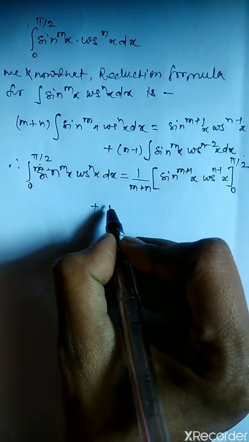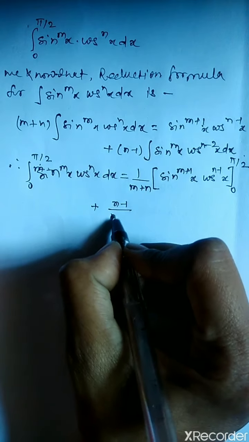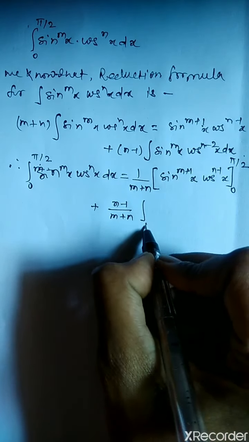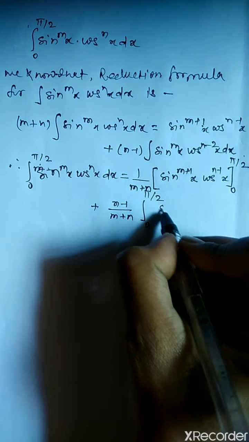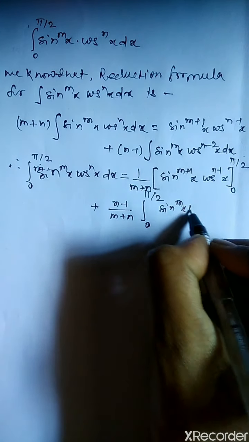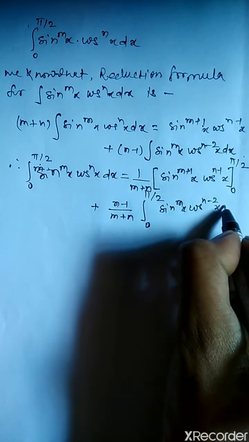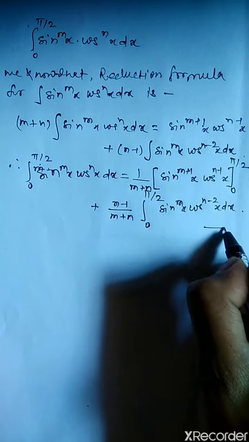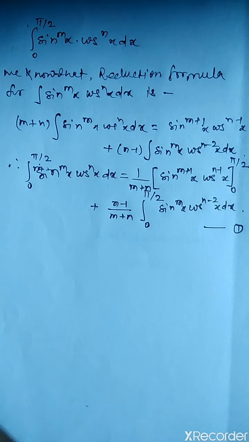Then we have plus (n minus 1) divided by (m plus n), and then again we have 0 to pi by 2 sin mx into cos (n minus 2)x dx. Let's put this as equation number 1.